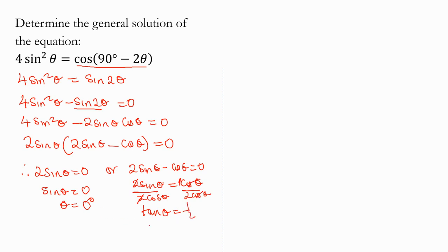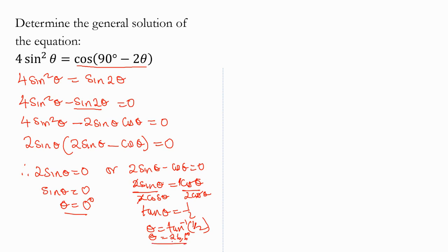So our reference angle theta is equal to arctan half. Now we have our reference angles. Let me give you the value of this one: theta is equal to 26.6 degrees.